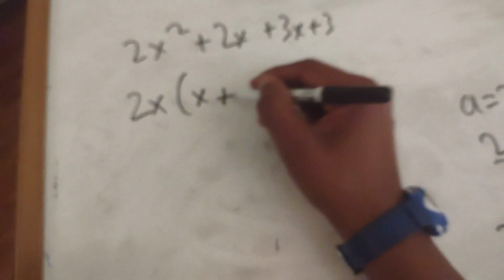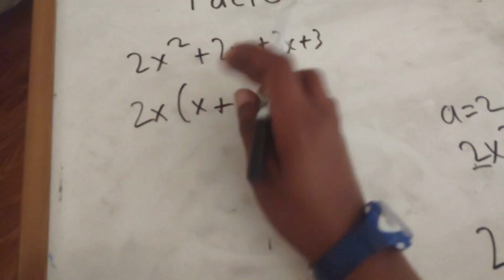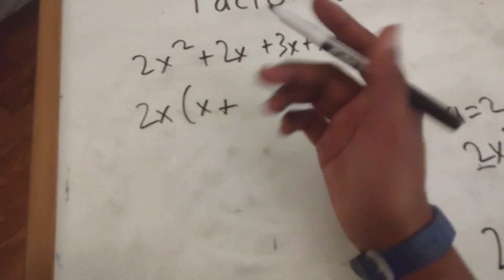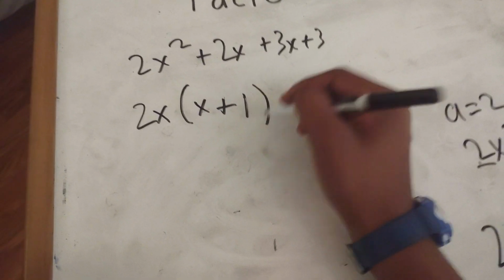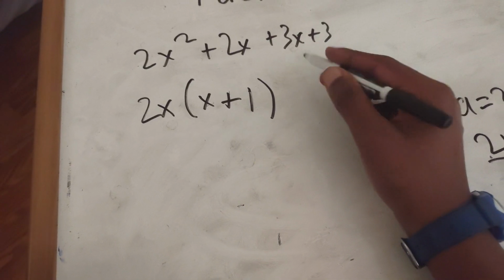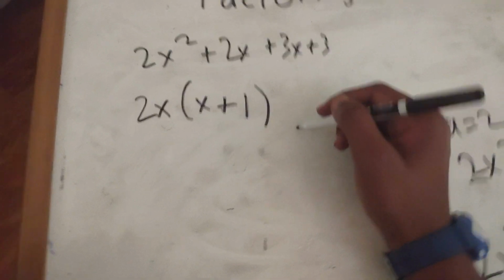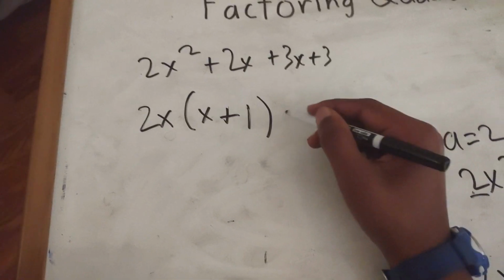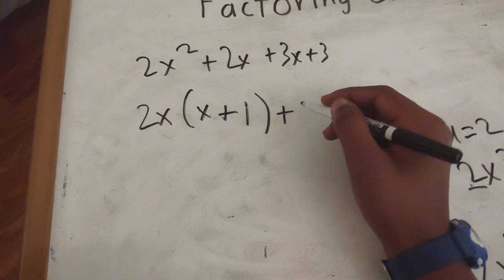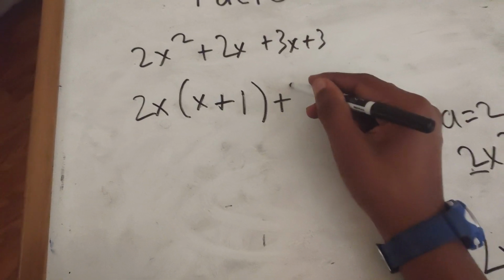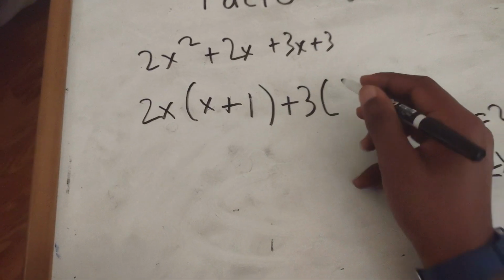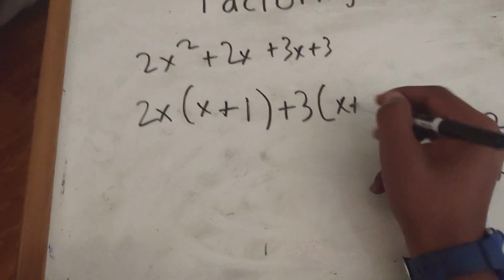X, plus 1, because 2x divided by 2x is 1. Now, what's a factor that we could take out of the second two terms? This would be 3. And remember, we're taking out a positive 3 in this case, so take out a 3, and we get x plus 1.